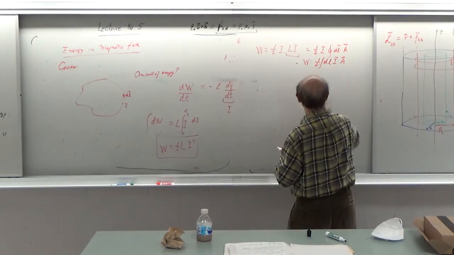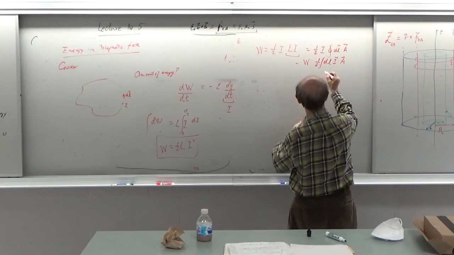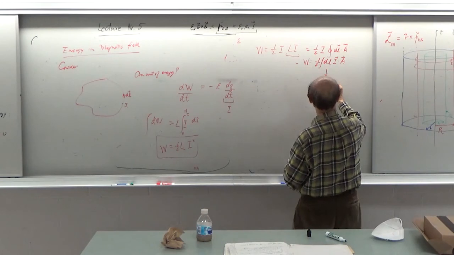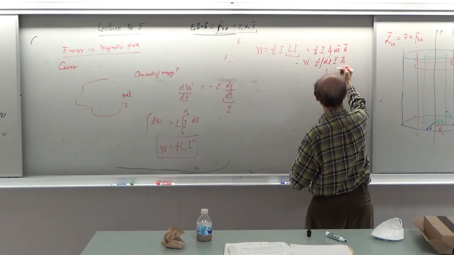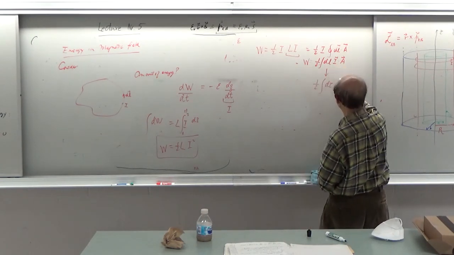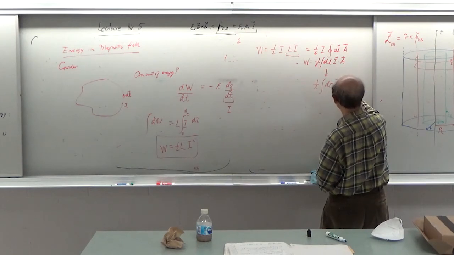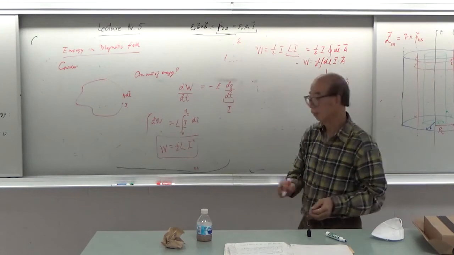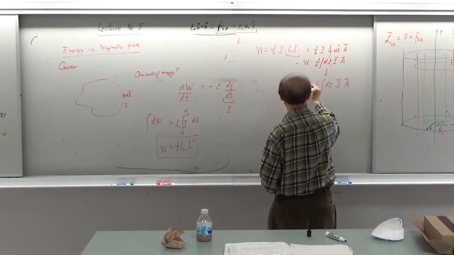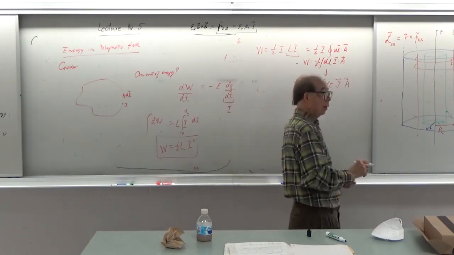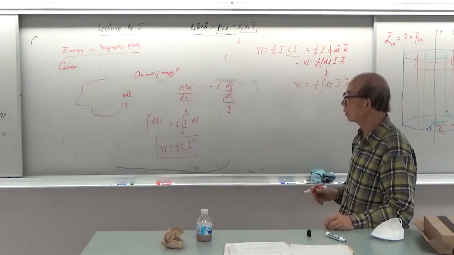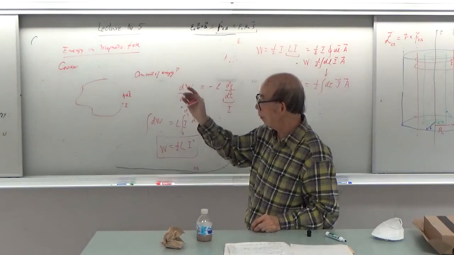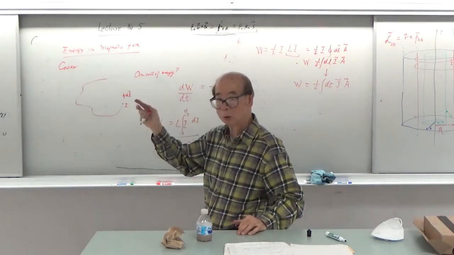So now I'm done with this. Let me generalize this to 1/2 the volume integral of, I is replaced by J, dotted with A. The next thing we should do is something that we did when we talked about conservation laws.